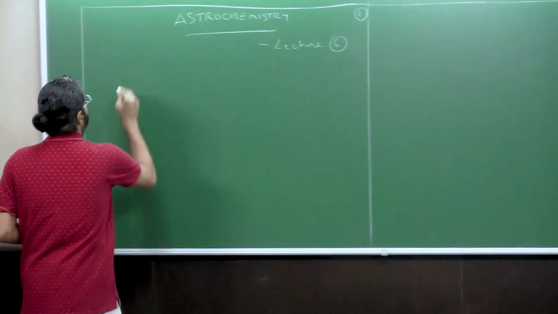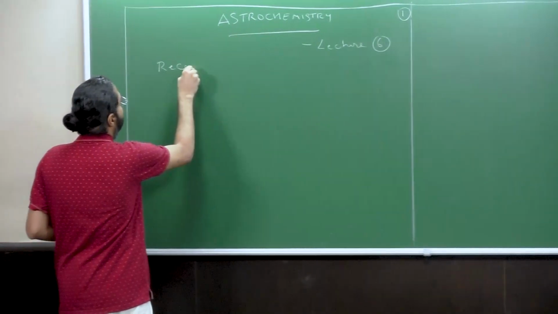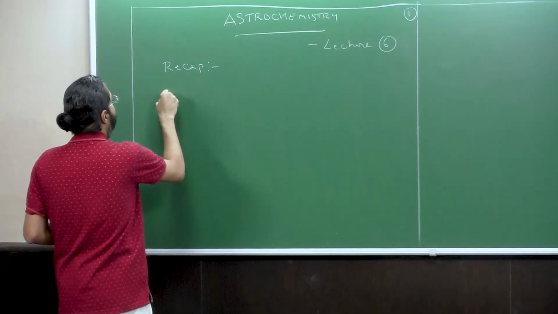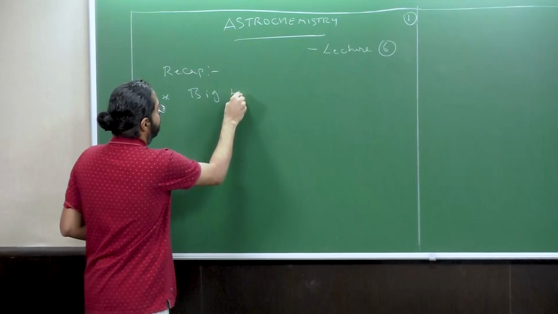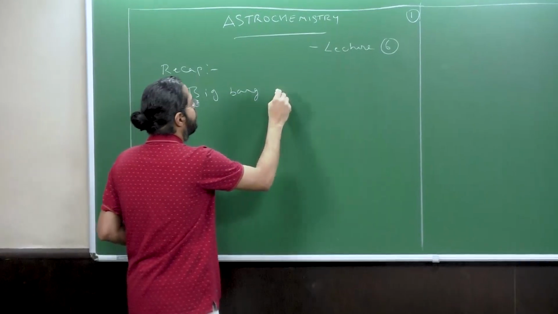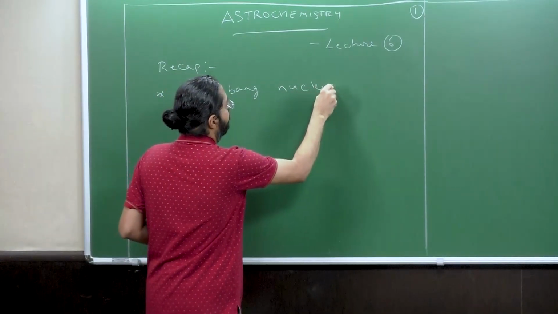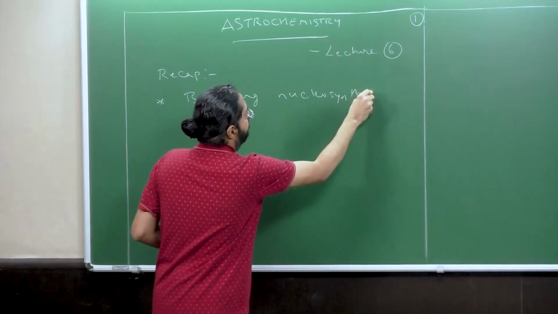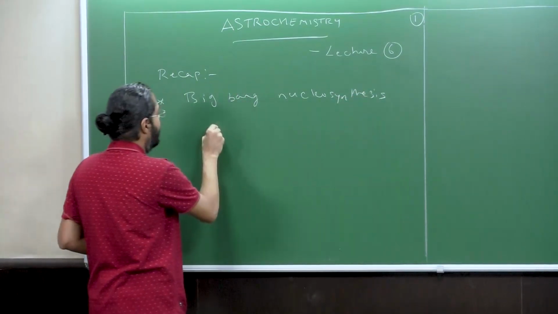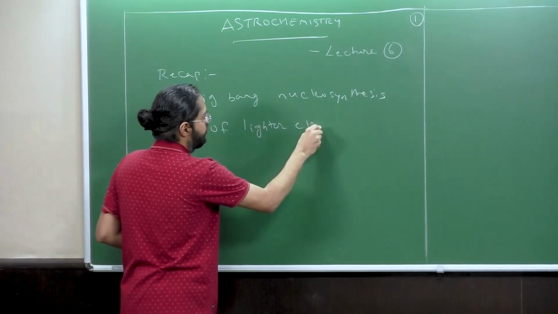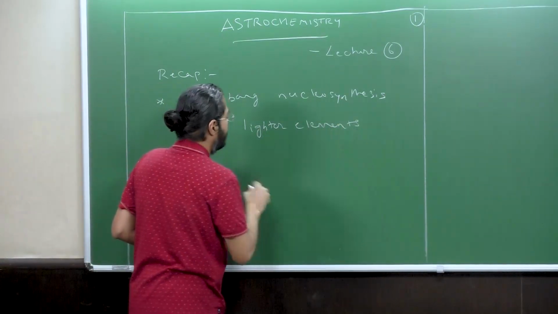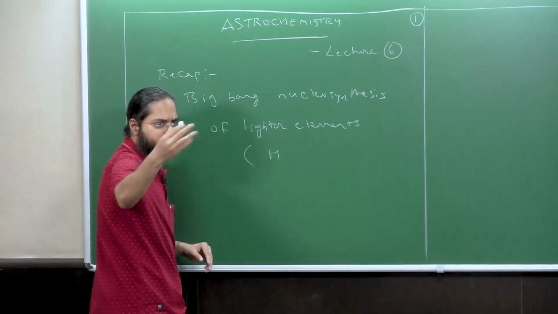So until lecture 5, we had looked into the Big Bang nucleosynthesis of the lighter elements. That is, we're talking about hydrogen and its various isotopes.